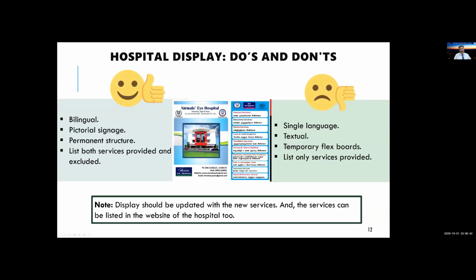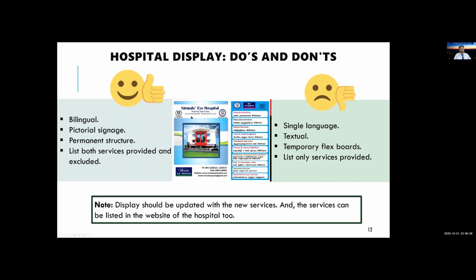So this is our display of services. You can see that it is bilingual, with pictorial signage, and both services provided and not provided are displayed. It's always ideal to have bilingual language representing the language commonly spoken in that particular region.